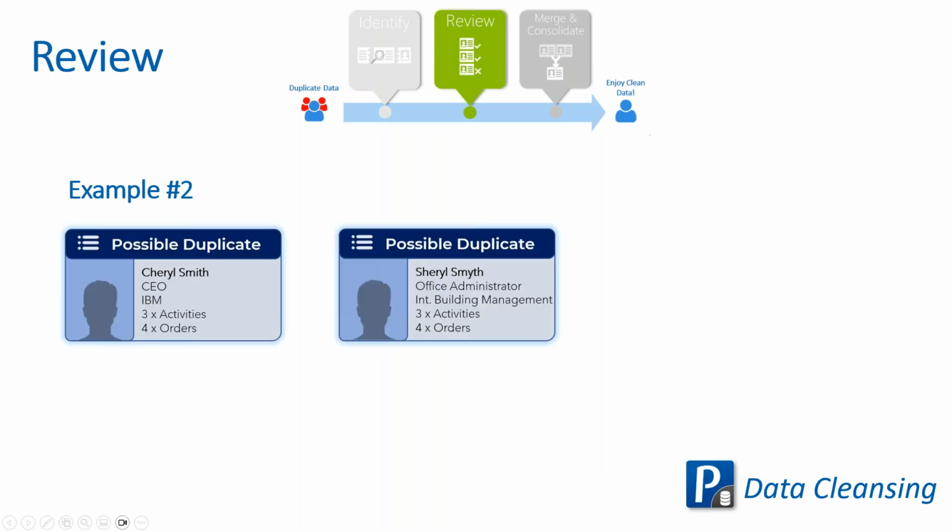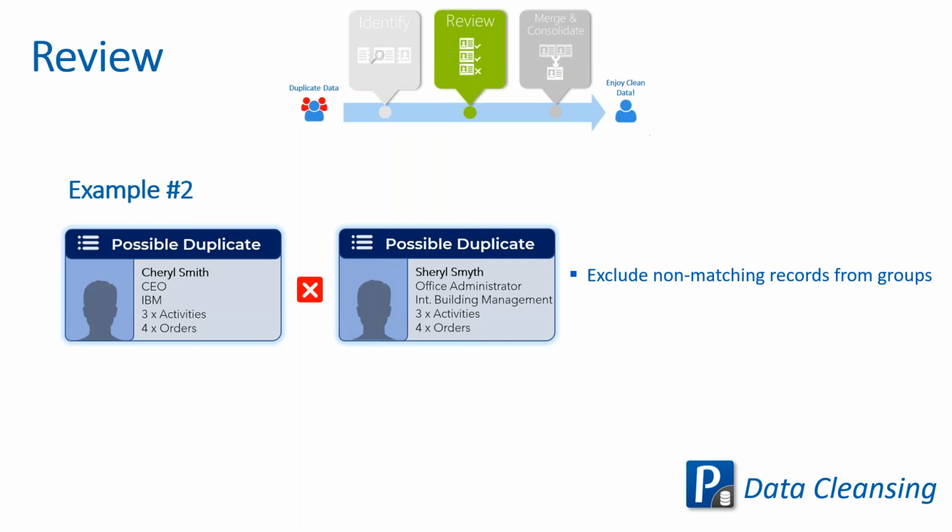Okay, so for this example, I've got two Cheryl Smiths. Great. They both work for like IBM, but one is actually IBM International Business Machines, and the other is International Building Management. So while these look like duplicates initially from the fuzziness, actually we're going to find that they are not, and we're going to exclude these types of things.